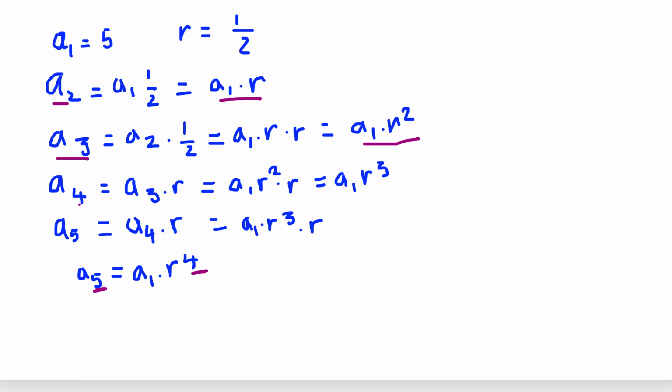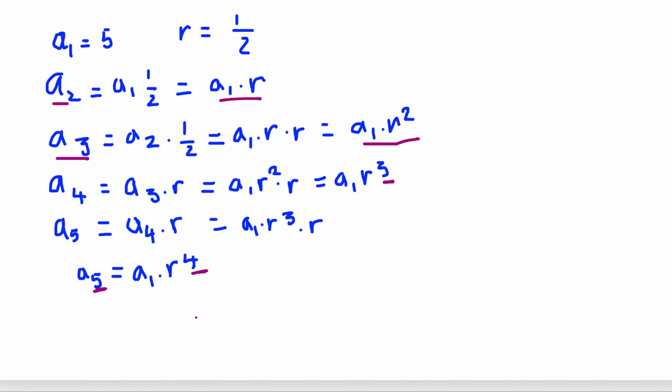And in the fourth term, here is 4, but the exponent is 3, one less. In the third term, n is equal to 3, but the exponent is equal to 2, one less than the term number.